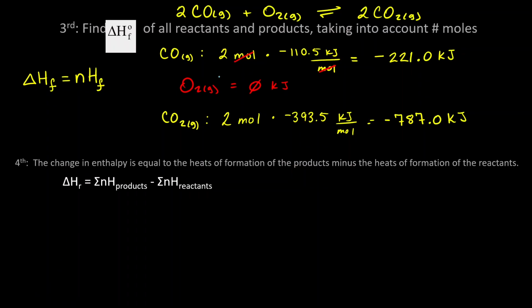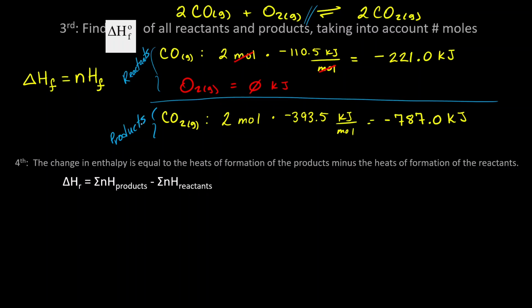Now I'm just also going to separate this into reactants on the left, products on the right. Our reaction does that for us, but down here as well, I've got reactants here and products down here. And the reason I'm doing that is just to get us ready for step 4. So step the 4th, apparently.